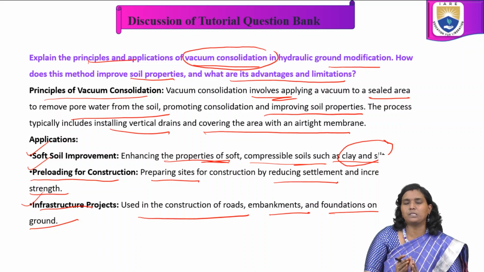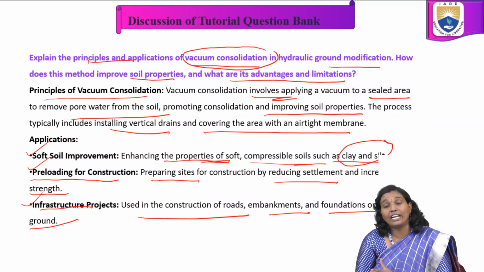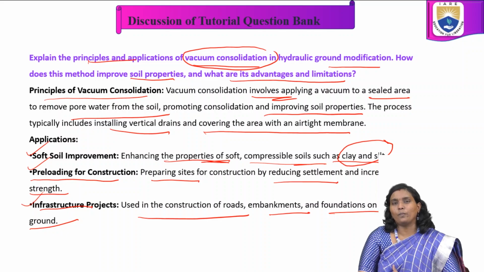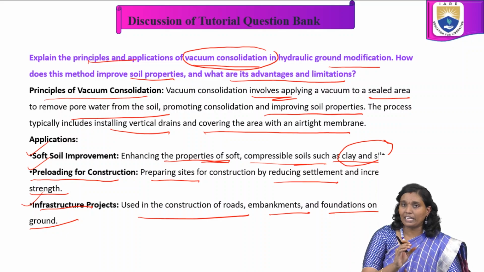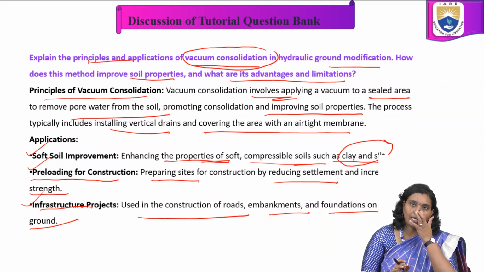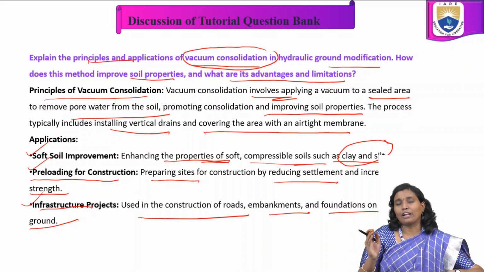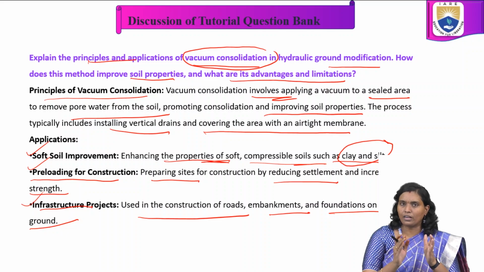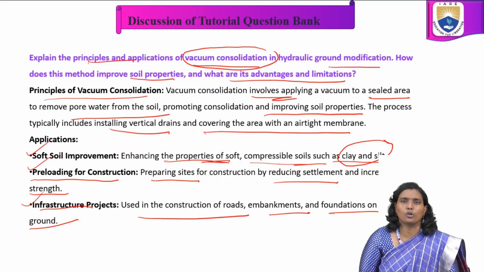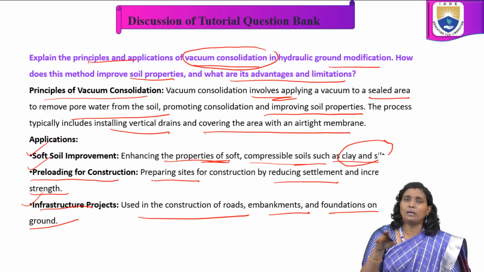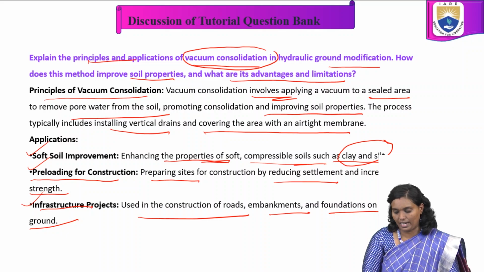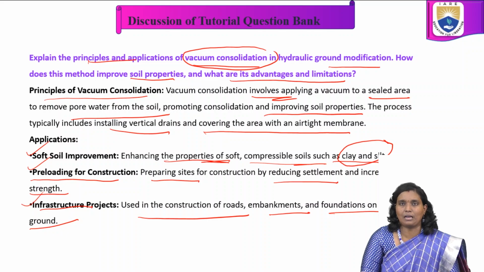After that, what the principles are, where we are going to apply it, and which kind of properties we are going to modify using that particular technique. Also whether that technique is suitable only for a particular soil or not. These are all the parameters which we need to understand at the time of examination.